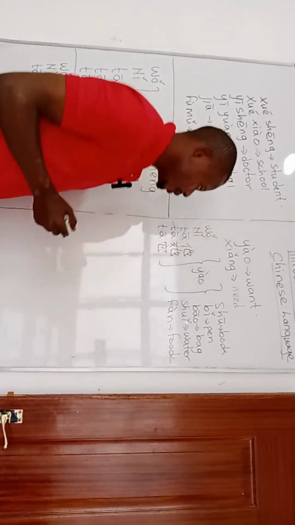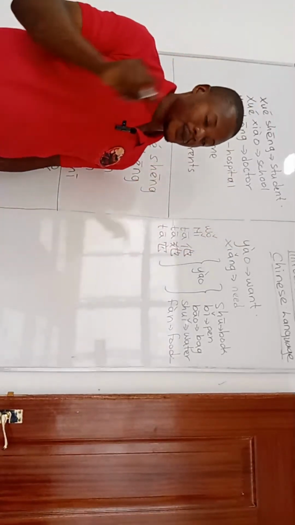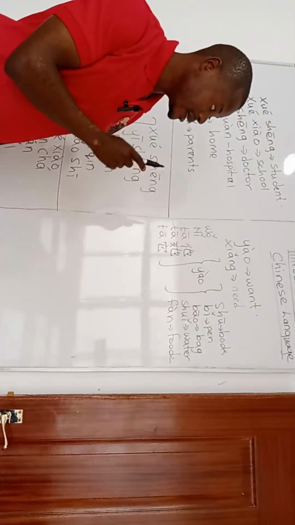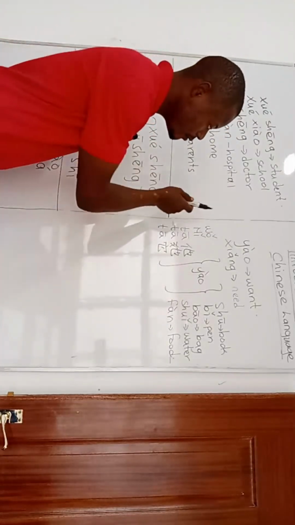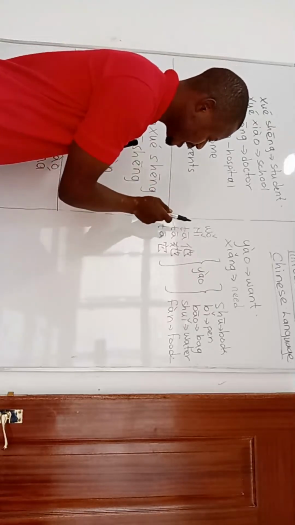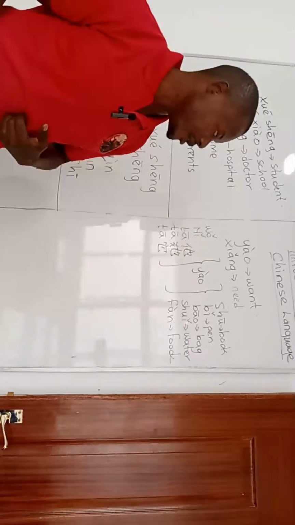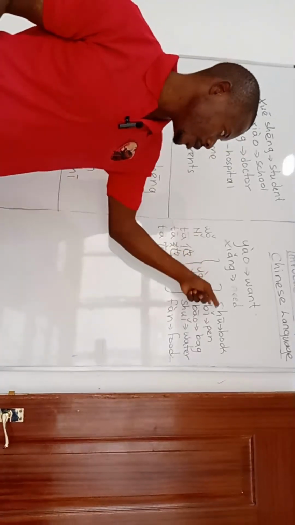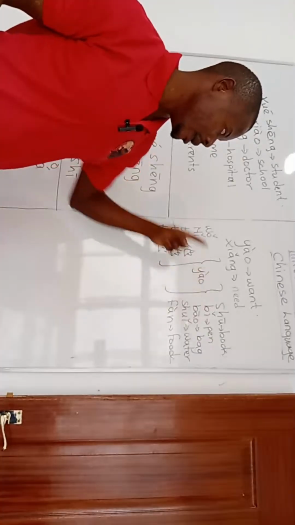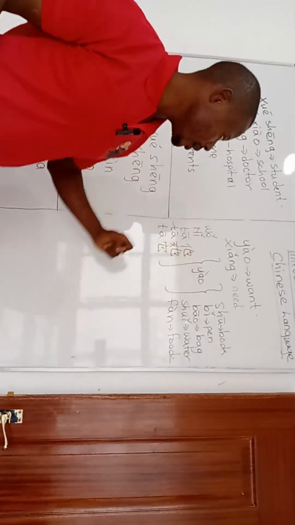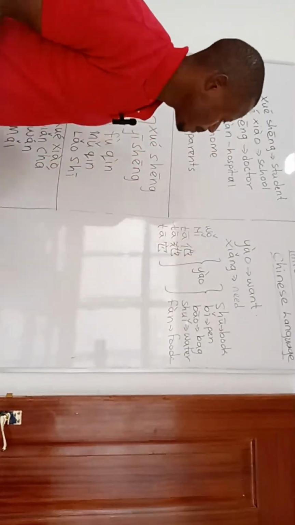These are just examples, so that you understand how to create your sentences in Chinese. So we have 我, 你, 他. Then finally we have the thing you want. 我要书, 我要笔, 我要包, 我要水, 我要饭.